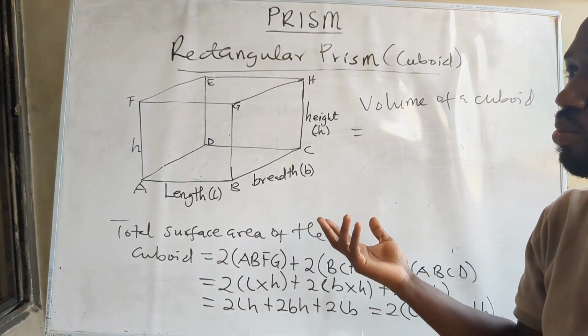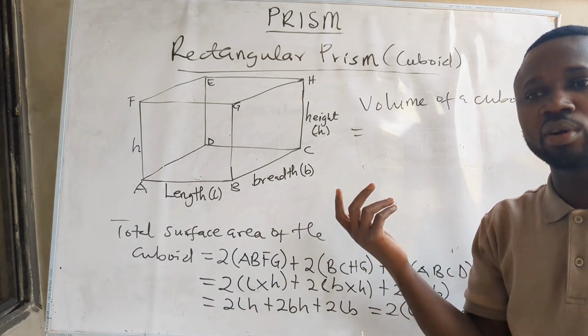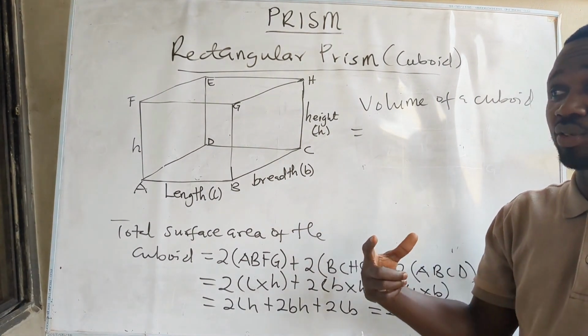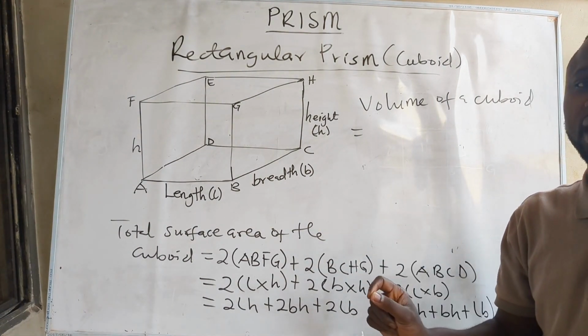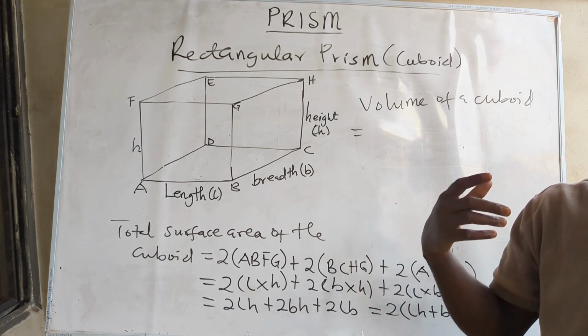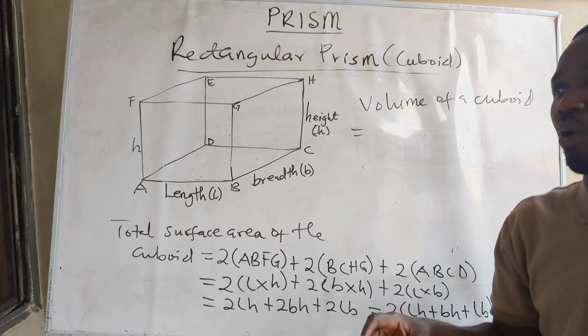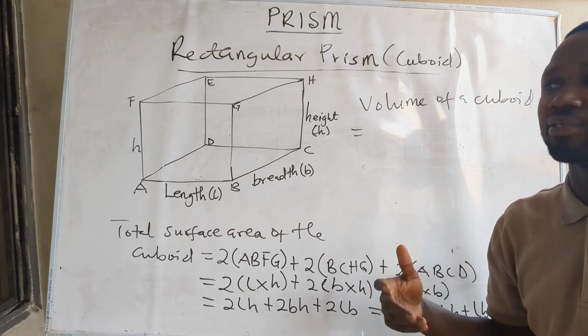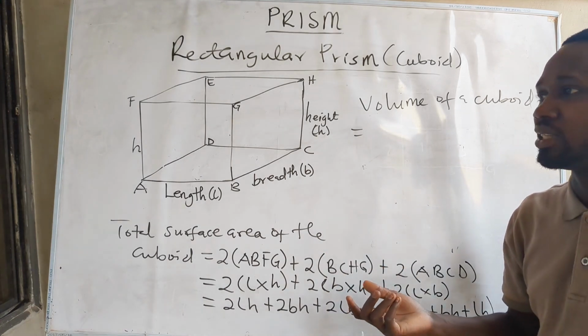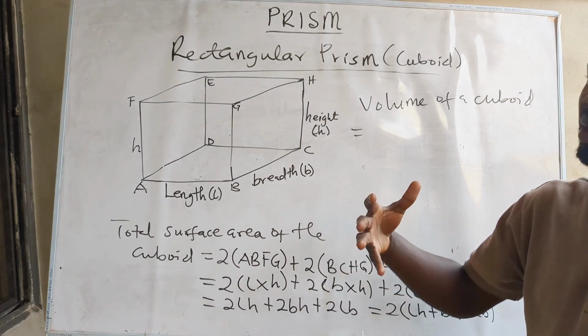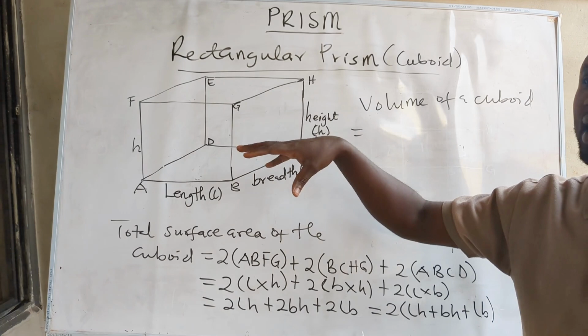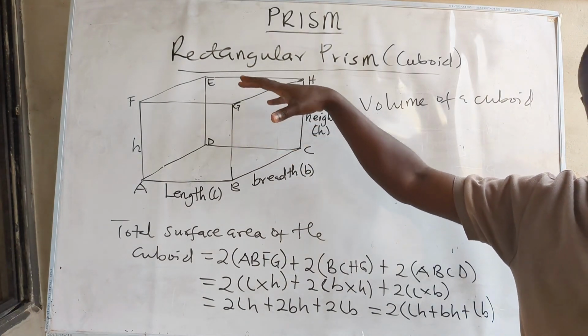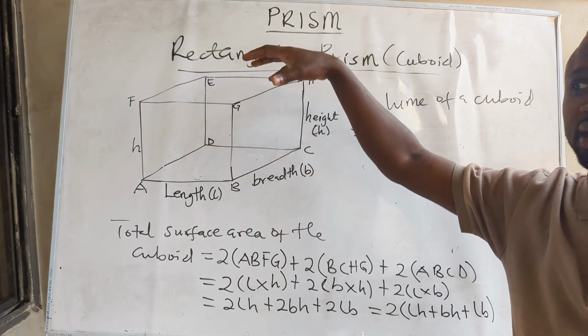That is the volume. So most of the time when we buy water, either bottled water or sachet water, you see that the volume is written there. Maybe 1 liter or 500 milliliters, whatever it is. All right, so that is the volume. That is the amount of space or the quantity that particular container can actually contain.